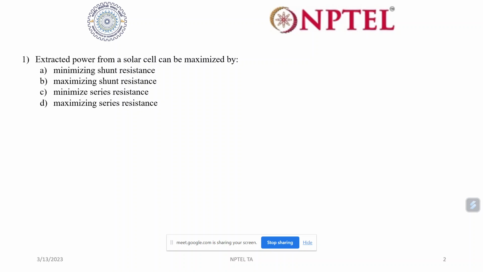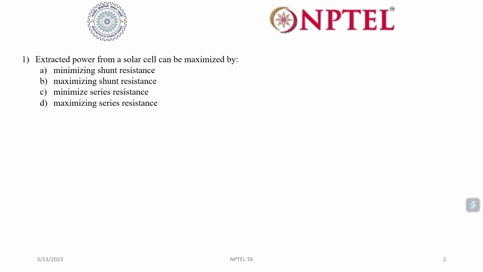If we increase the series resistance, then VOC will decrease. So as a result, we have to minimize the series resistance. Then VOC will increase, and the current also.